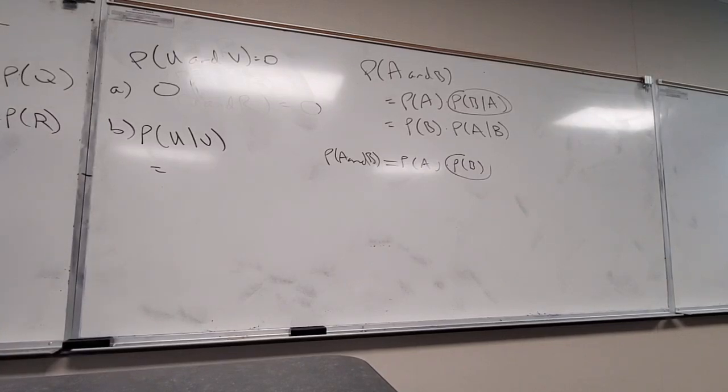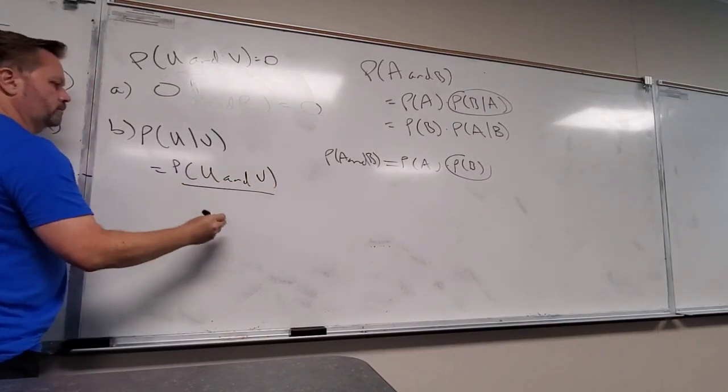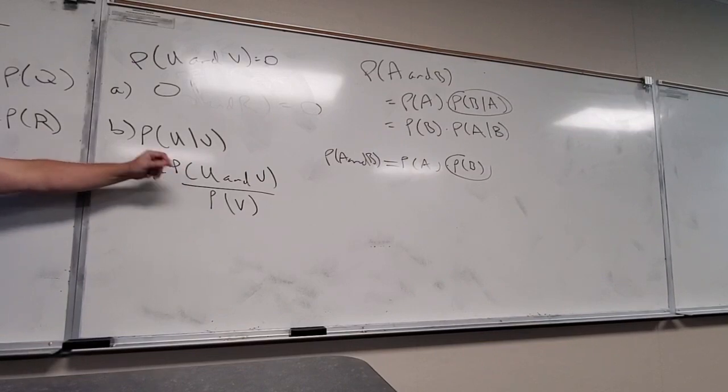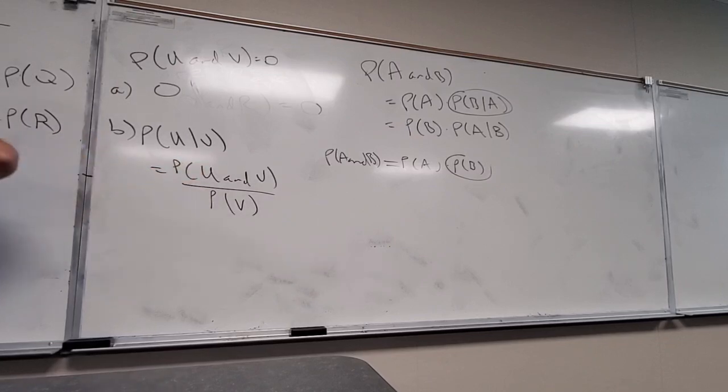Help me out. U and V. Good. The probability of U and V divided by probability of V. I love it. But what did we just say U and V is? 0. Divided by who cares? That's not 0. That's all that matters. So the answer is 0. Good.